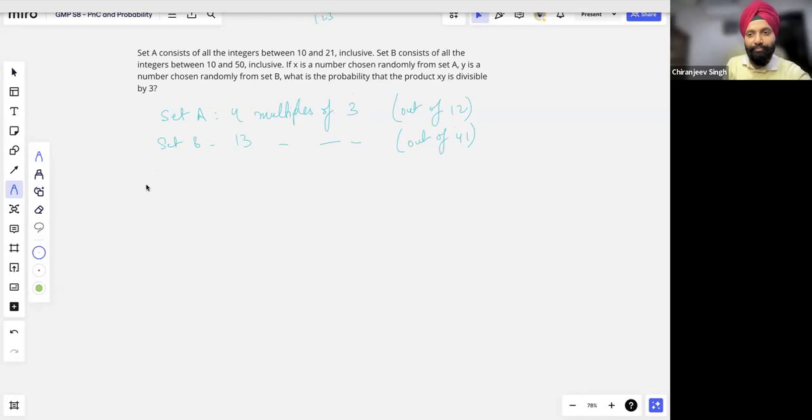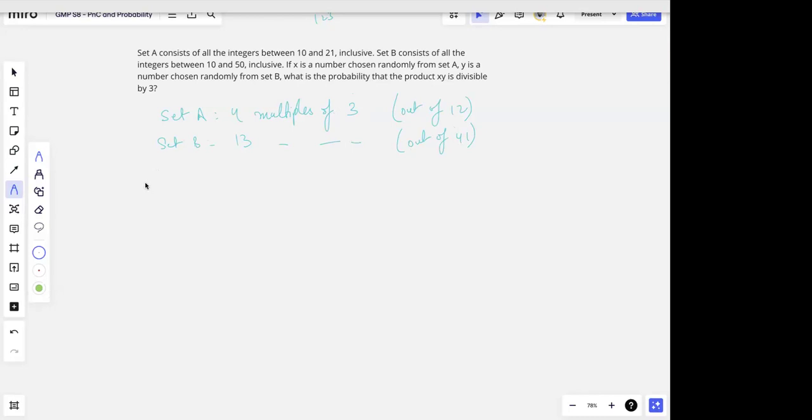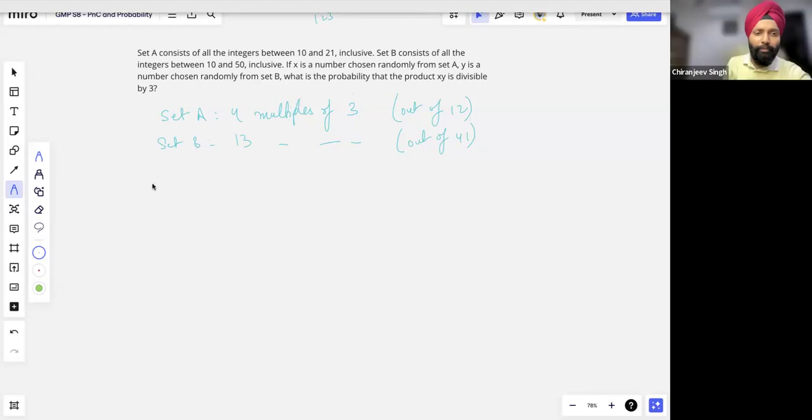Okay, so basically we are taking one situation where x is a multiple of 3 and y is not, and then y is a multiple of 3 and x is not, and then one in which both are included.